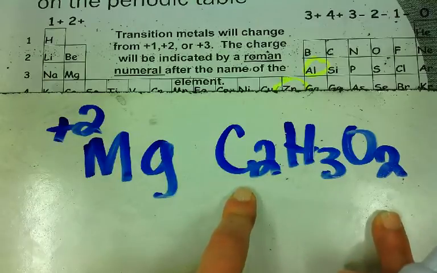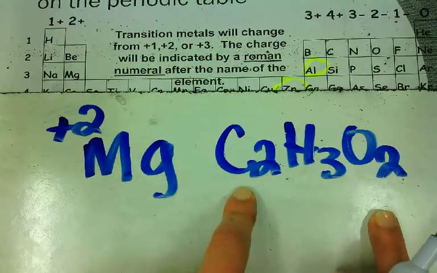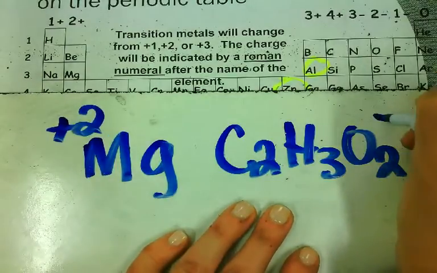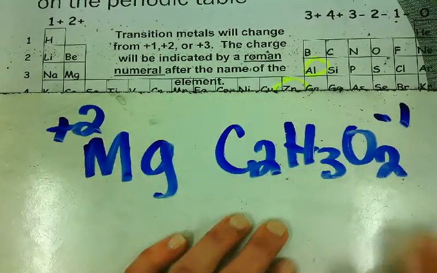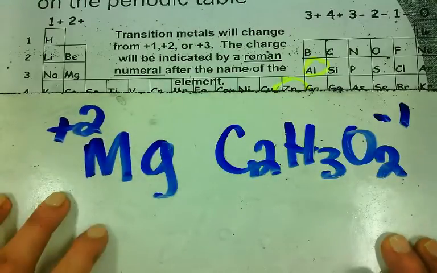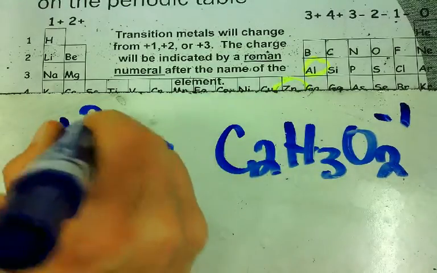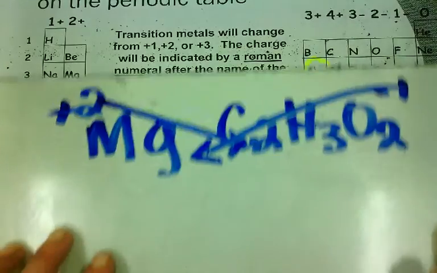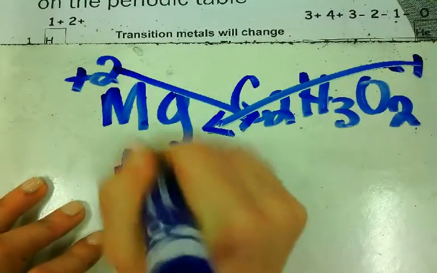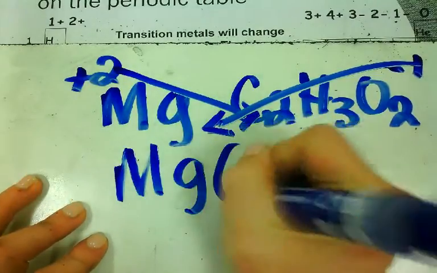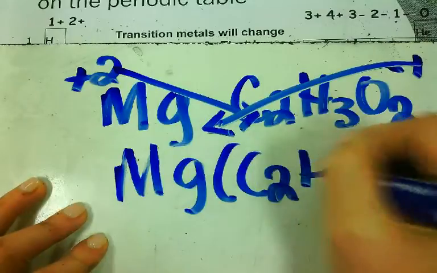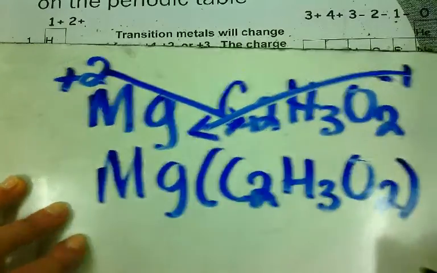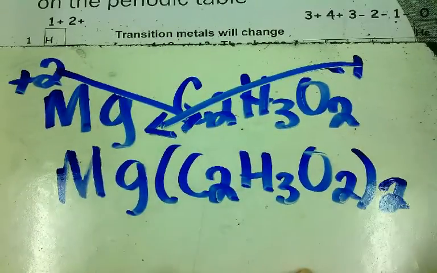The charge on acetate is negative 1, and I can find that from my polyatomics chart. So I'm going to again swap and drop these charges, remembering whenever I write my new formula to put my polyatomic in parentheses. And the new charge is a 2.